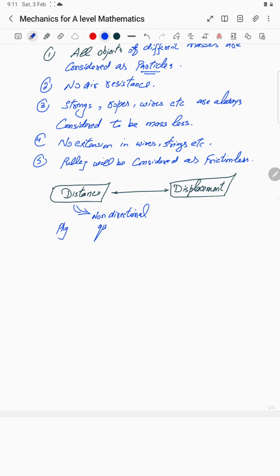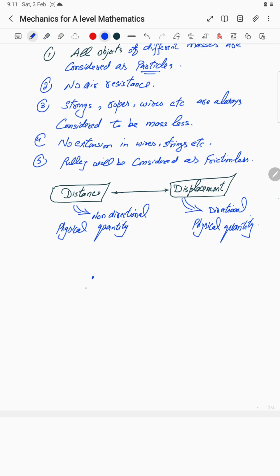It's better to use the word physical, because all measurable quantities are called physical quantities. While displacement is a directional physical quantity.